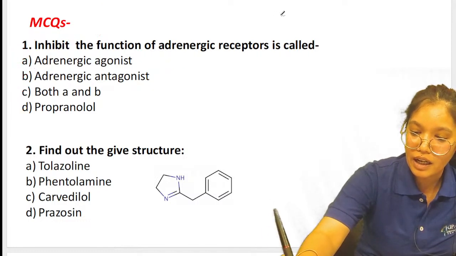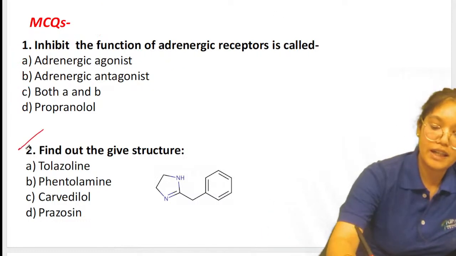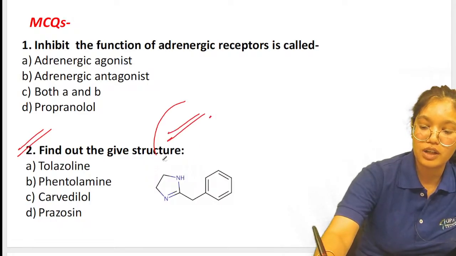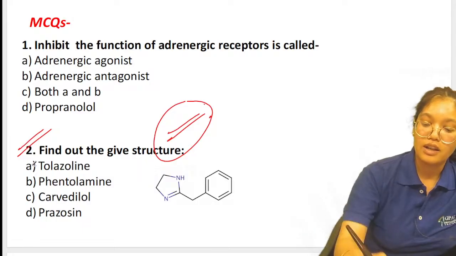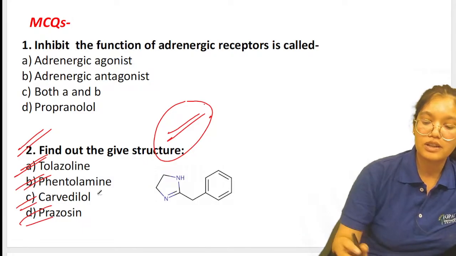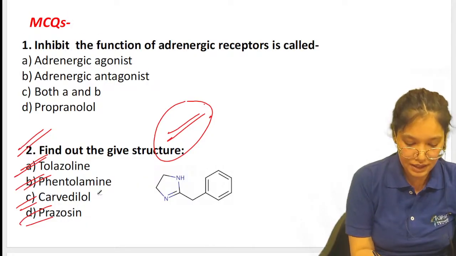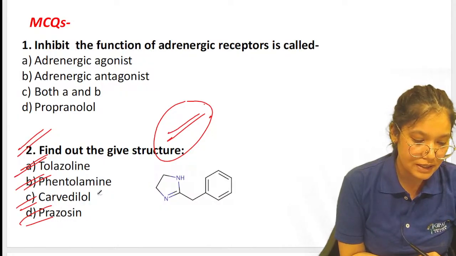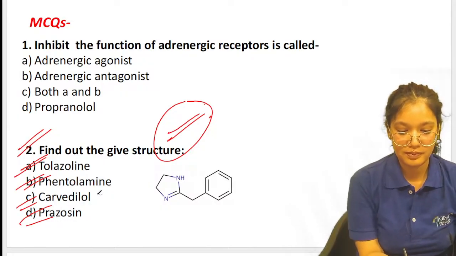Okay, now let's start with the second MCQ. Find out the given structure. Now what is the structure? Which drug? Tolazoline, phentolamine, carvedilol, prazosin. Which drug structure is this? I am waiting for your responses.